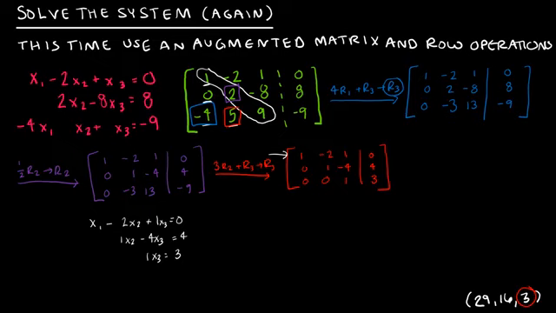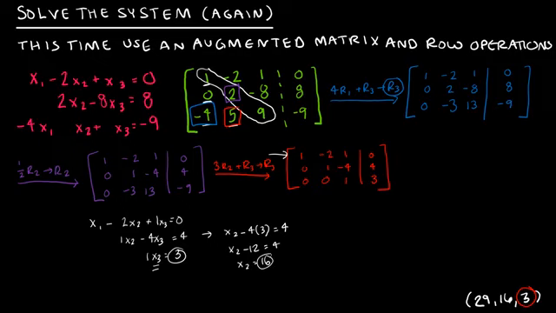So from here, obviously, I can use back substitution, and I can say, well, I've already found that x3 is equal to 3. I can very easily say x2 minus 4 times 3 equals 4, which gives me x2 minus 12 is 4, which gives me x2 is 16. And again, that's the correct answer.